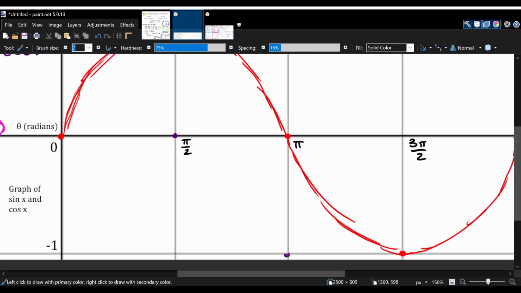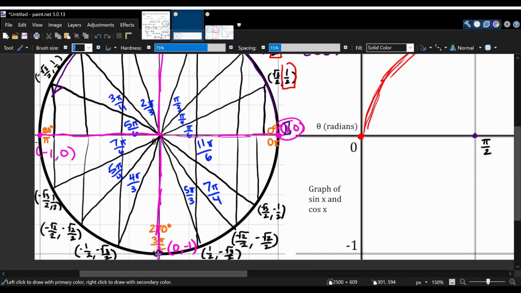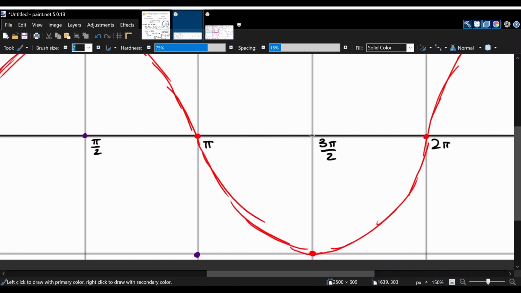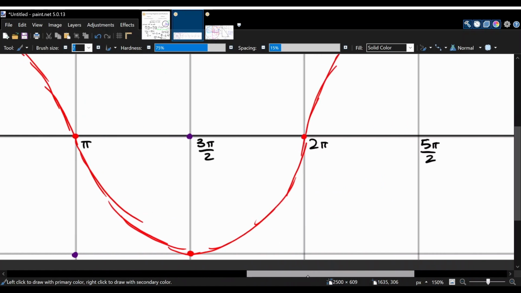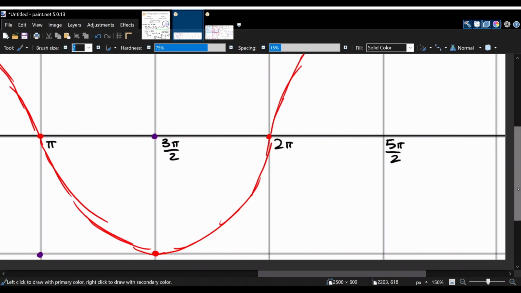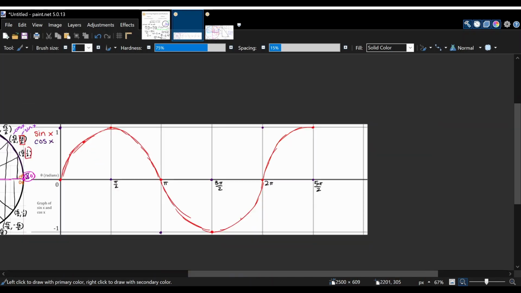And that's going to be right there. And then here at 270 degrees, we have 0 again, because remember we're doing the x value. And at 2 pi, right back to the beginning, so it'll be at 1. And then 5 pi over 2 is at 0.